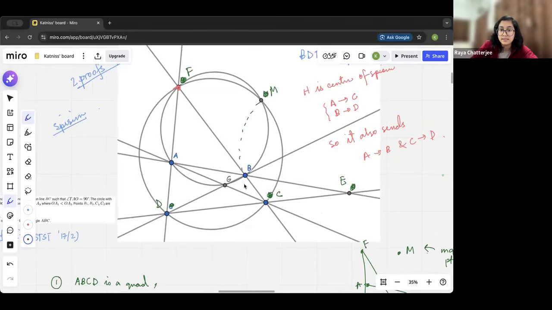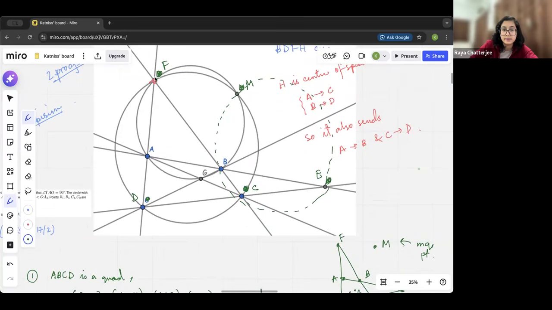M, C, B, and E. And M, D, E, and F. This is what I said a little bit back. Sorry for the messy diagram.